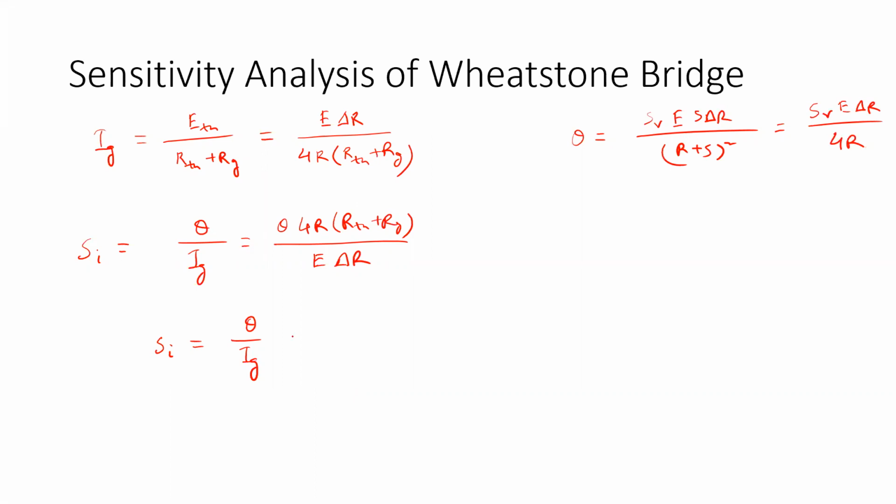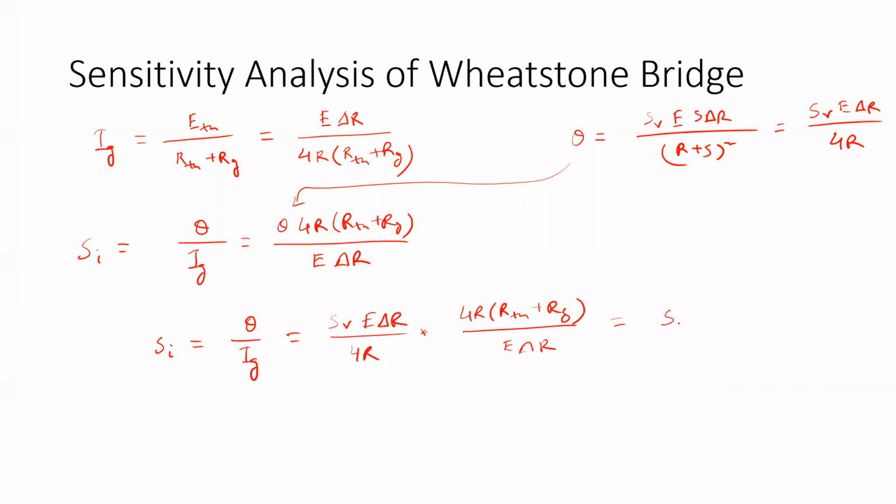And if we now put the expression of theta over here, we will end up with SV into delta R divided by 4R into 4R RTH plus RG divided by E delta R.